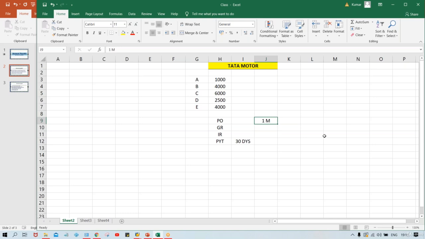In future, you must pay after 30 days, after 45 days. You are liable to pay this amount to the vendor, so it is called your payable. In terms of accounting, it is called accounts payable. And as I said, you are liable to pay this amount to the vendor in future, so this is treated as your liability, right?